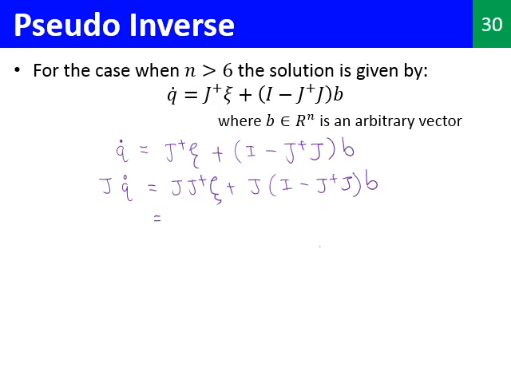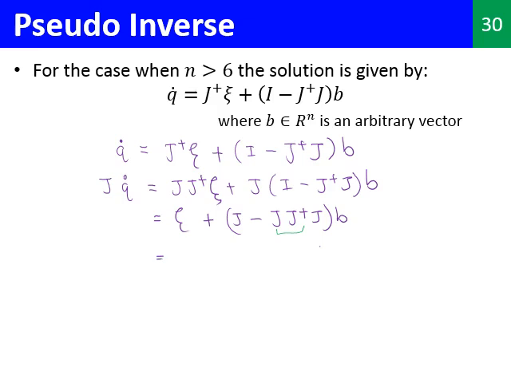So what is J times J plus? That is the identity matrix, right? So we have c plus J minus J times J plus J b, and again J times J plus is equal to the identity matrix.